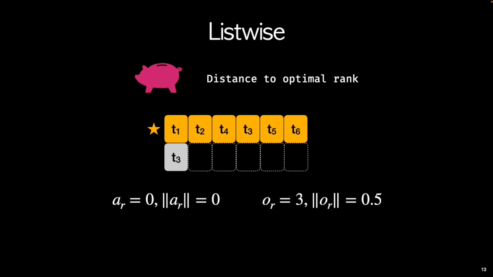And it's 0 because the numerator is 0. The optimal rank instead says, okay, the test case number 3 is at position 3. Actually, it's not at position 0. So if we normalize it, we get 0.5. And the difference between 1 and the 2 squared is that quantity there. So with the action A0, so T3, we get a reward of 0.75. And this reward goes from 0 to 1.